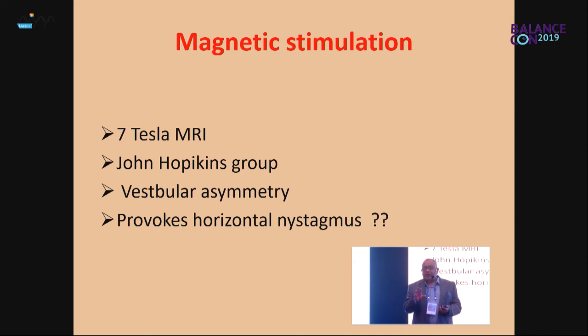So any condition which causes simultaneous stimulation of the three canals, like the magnetic stimulation, or simultaneous inhibition of the three semicircular canals, you get a horizontal rotatory nystagmus, a horizontal component with a torsional component.